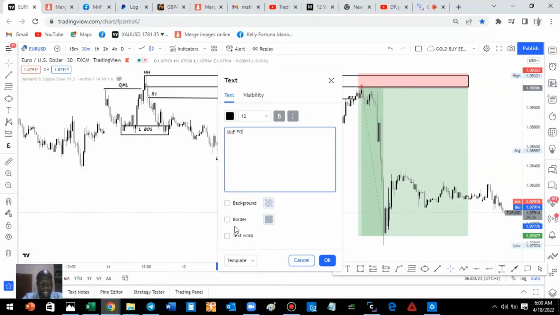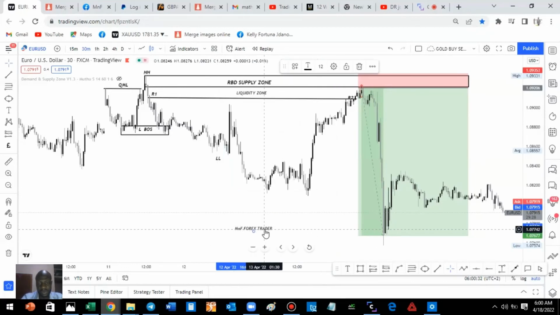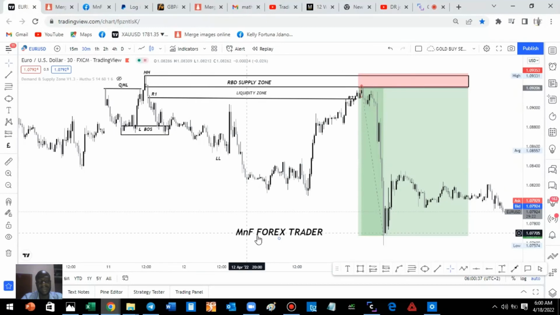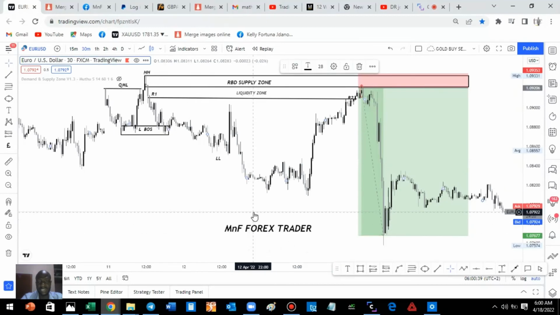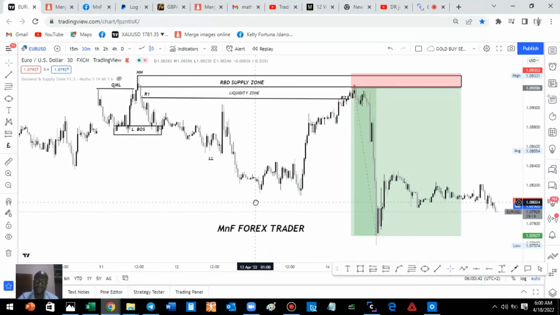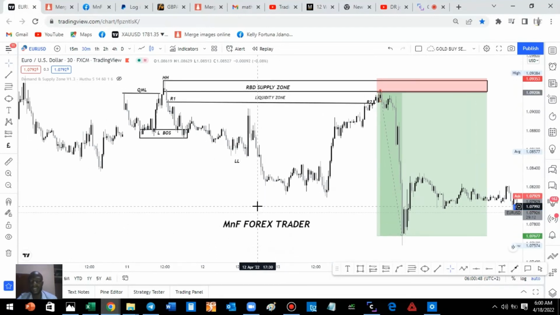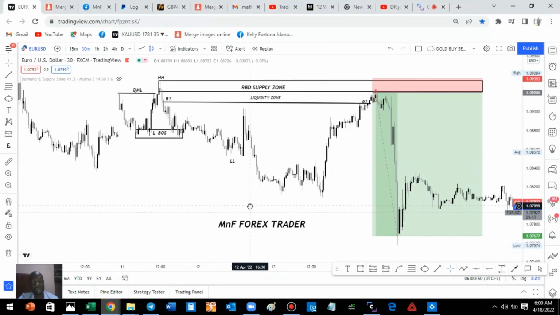Tell me what you think. Fortunately, we couldn't take this trade. We had pretty good winners last week. Unfortunately, we didn't take this particular one. So that's what happened. Don't even beat yourself up. You won't be able to take all the trades, unless you're going to be sitting on the charts the whole day.